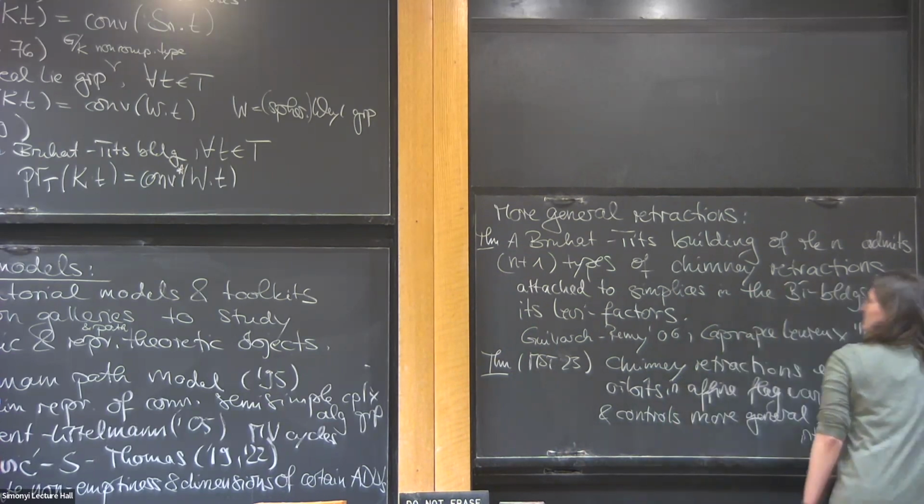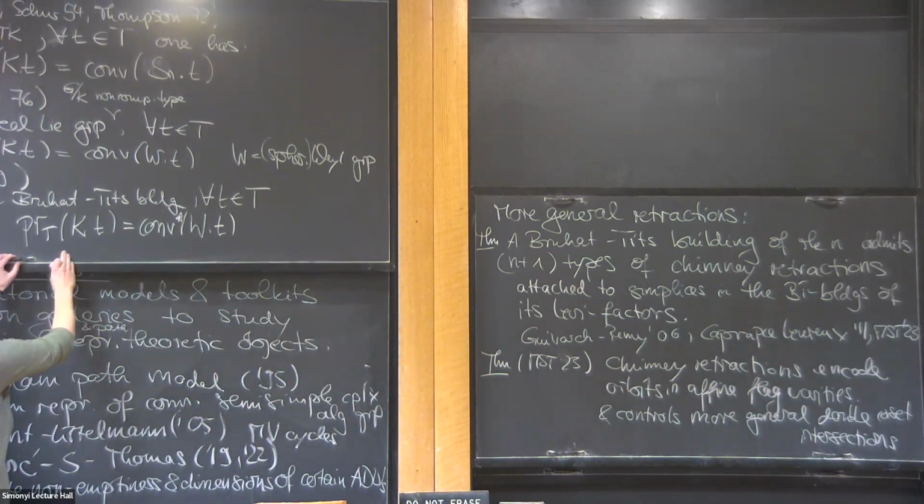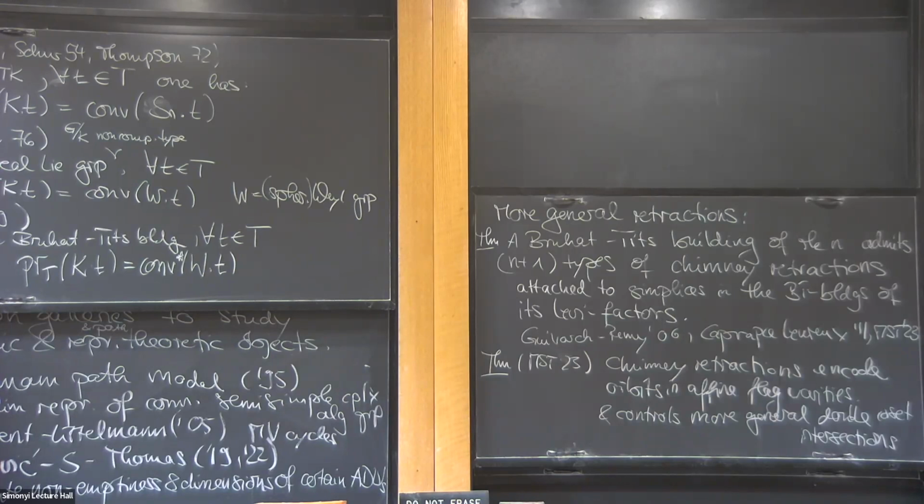Why am I saying double coset intersection? So this theorem here, that this projection is contained in this convex hull, can be reformulated as follows.